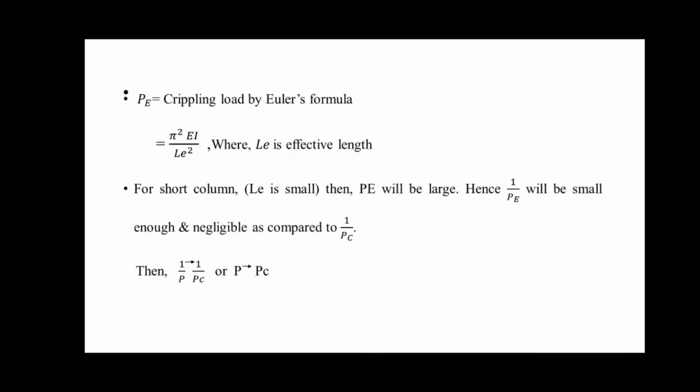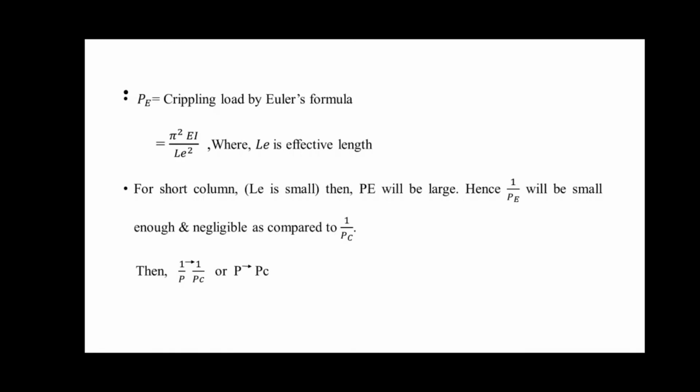Neglecting the value of 1 by Pe from the equation 1 by P is equal to 1 by Pc plus 1 by Pe, we can say that 1 by P will be equal to 1 by Pc or P is equal to Pc. So the crippling load by Rankine's formula for a short column is approximately equal to the crushing load for a short column.